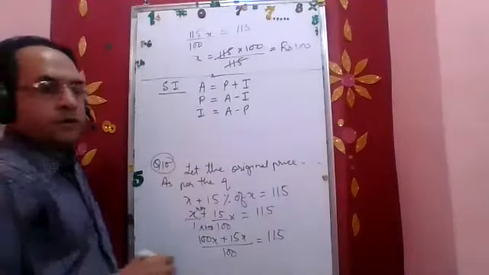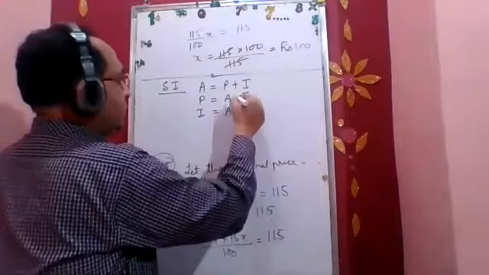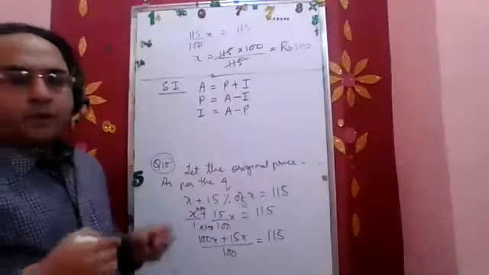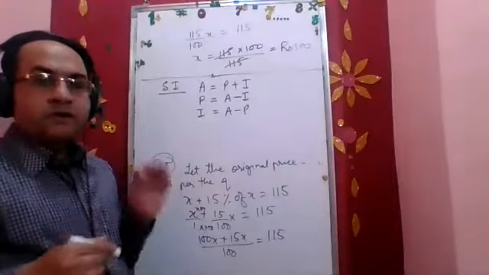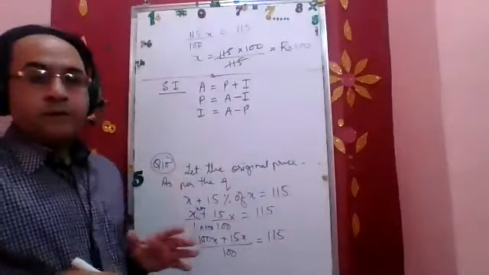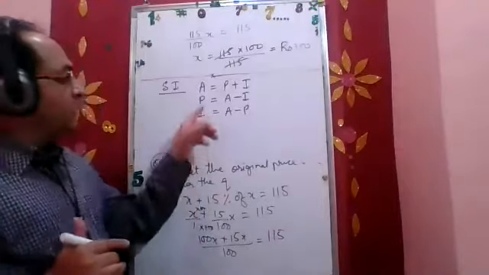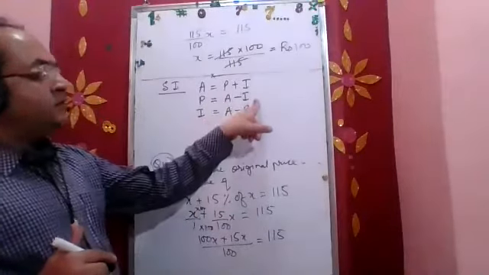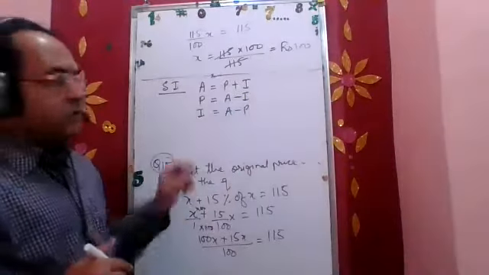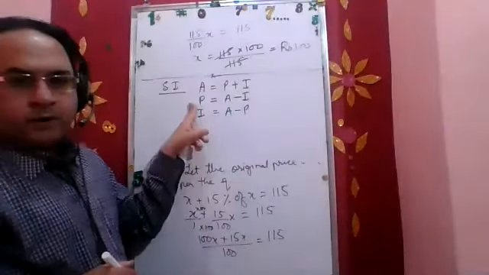You have to understand, children, when we are talking about the concept of interest, principal, and amount, our decision of using the formula depends on what we are given. So if the amount and interest are given and principal is asked, obviously you will be using this formula.